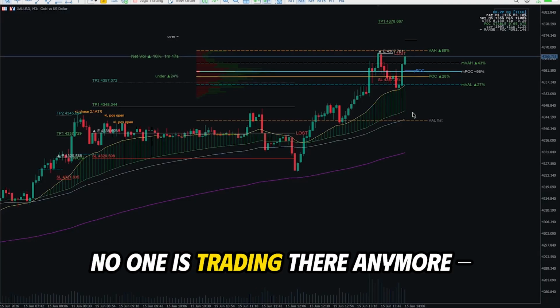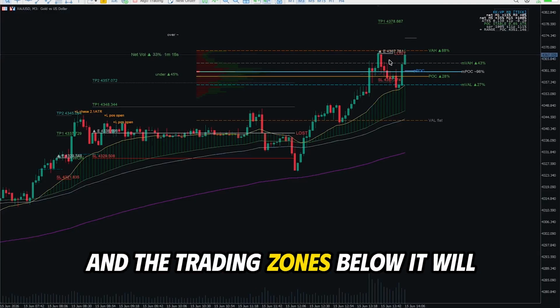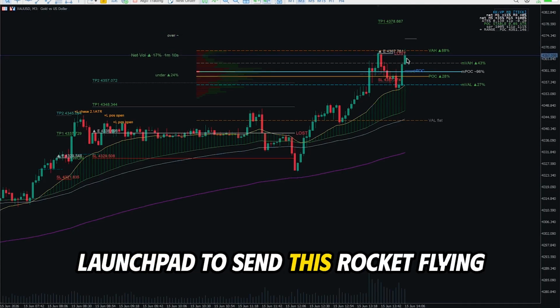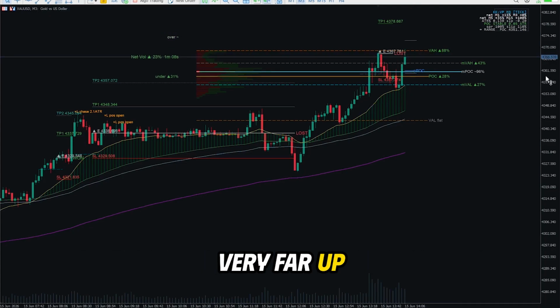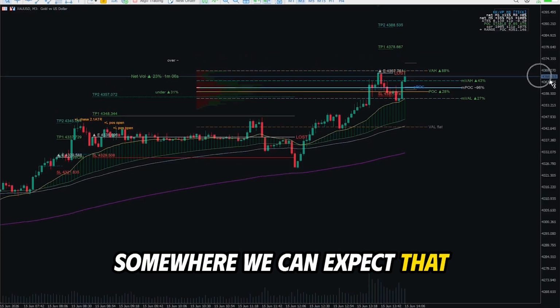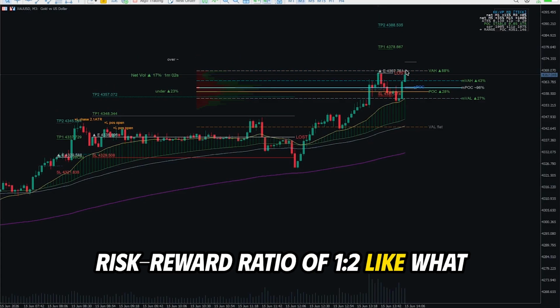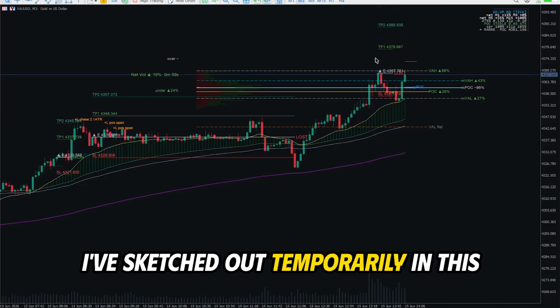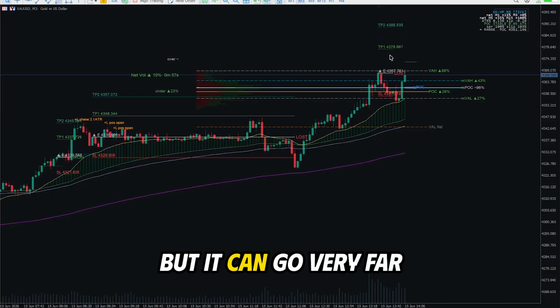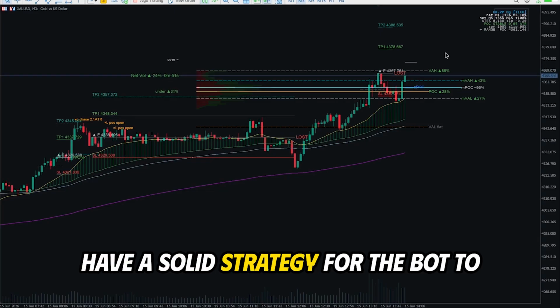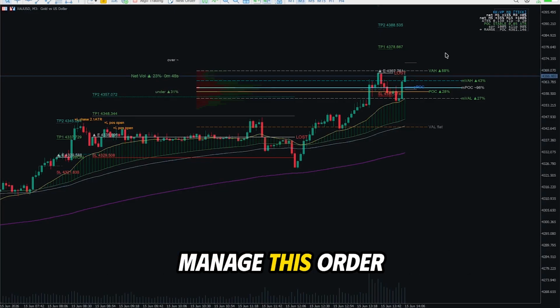No one is trading there anymore, and the trading zones below it will act as an extremely powerful launch pad to send this rocket flying very far. We can expect that it won't just be a risk-reward ratio of 1 to 2 like what I've sketched out temporarily, but it can go very far, up to 3 or 4 or even higher, when we have a solid strategy for the bot to manage this order.